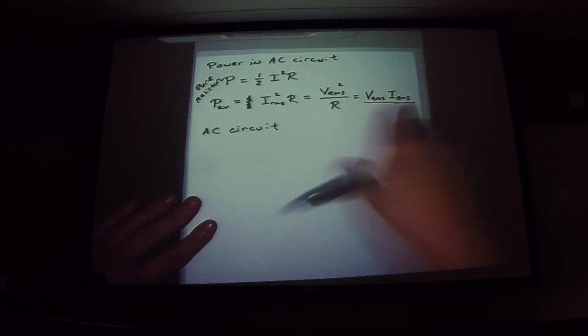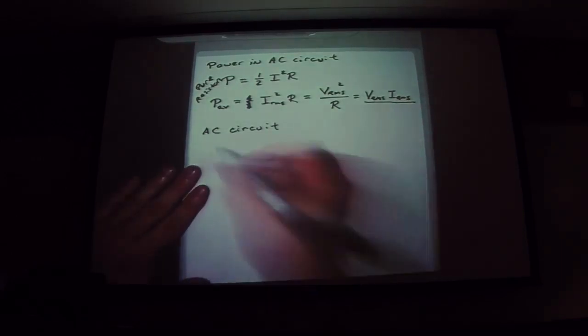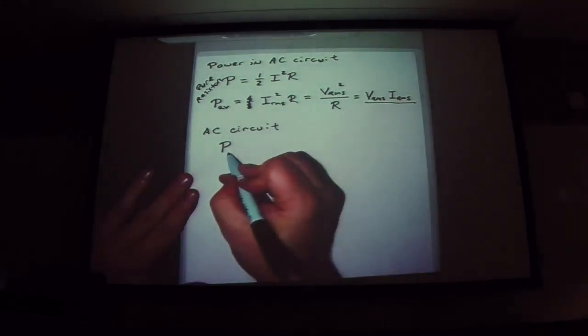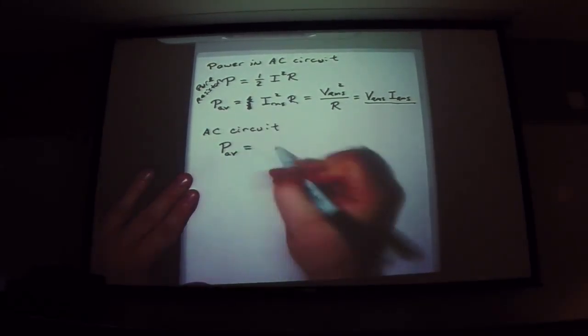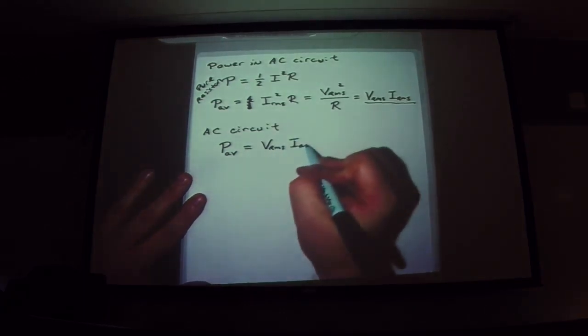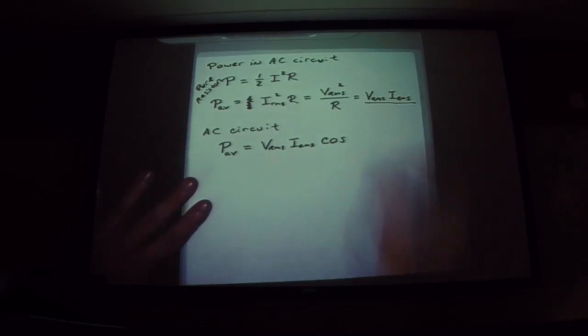So this would be the value if they were both in phase with each other for a pure resistor circuit. For something that's not a pure resistor circuit, your average power output is changed by a factor of the cosine of the phase angle phi.